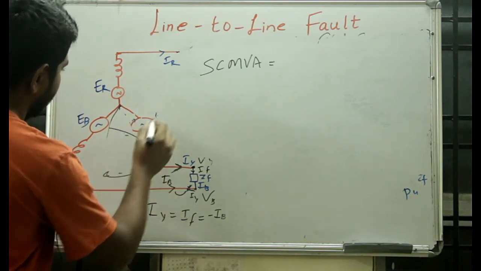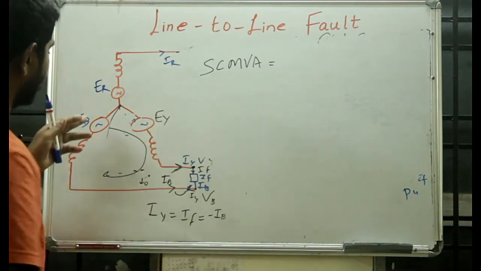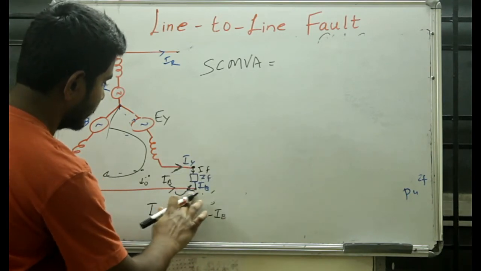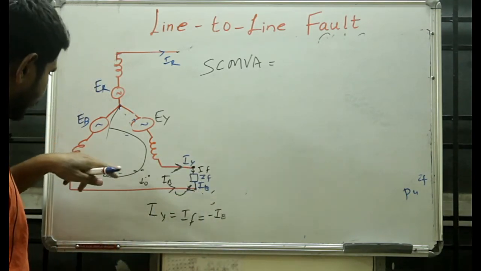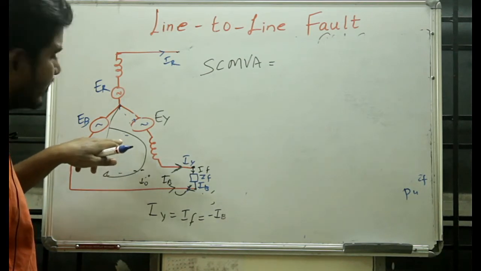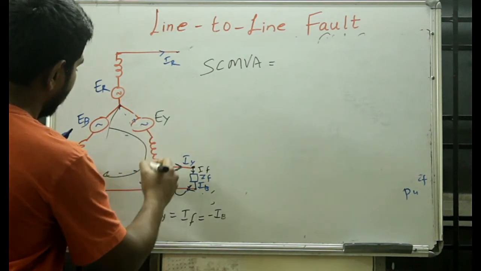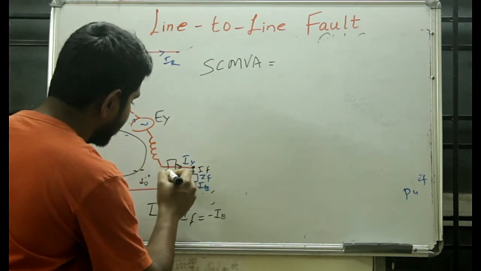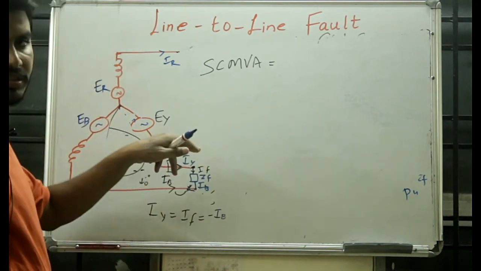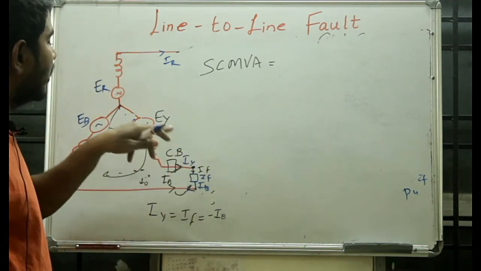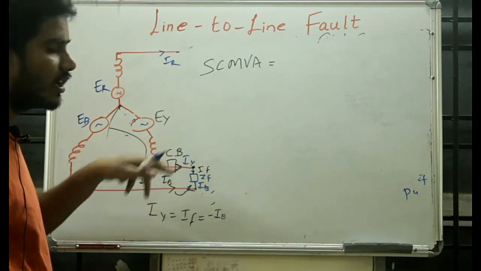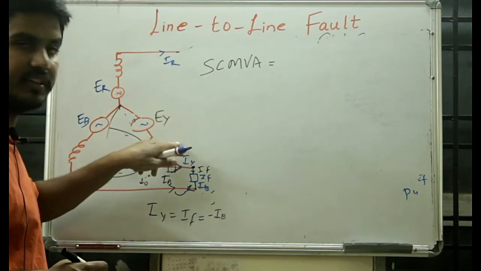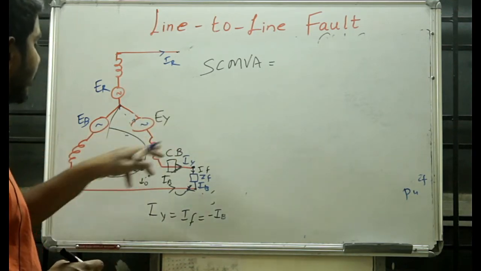This is your EY, this is EB, and the fault current is flowing here. That means your short circuit MVA is nothing but the voltage in this circuit into the fault current, because you will be placing a circuit breaker here, and we find the short circuit MVA to decide the rating of the circuit breaker in order to limit the fault current.